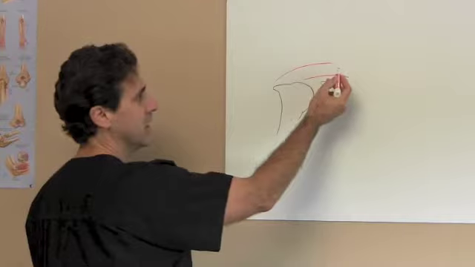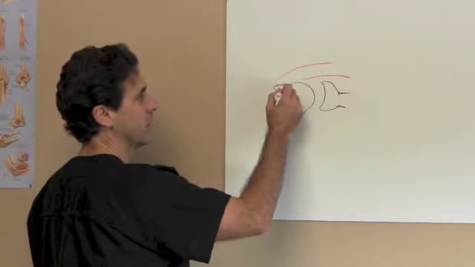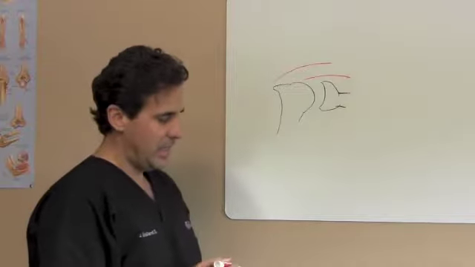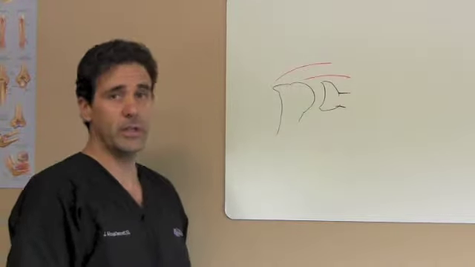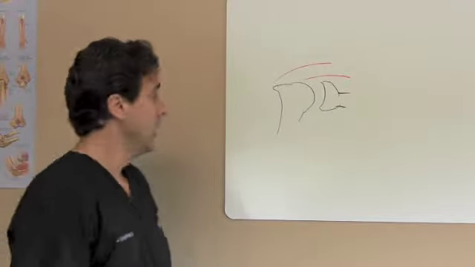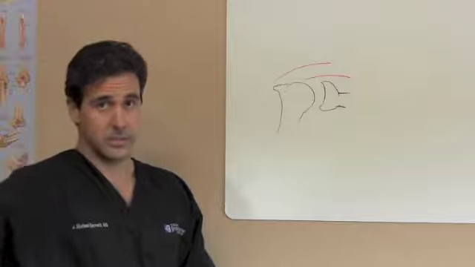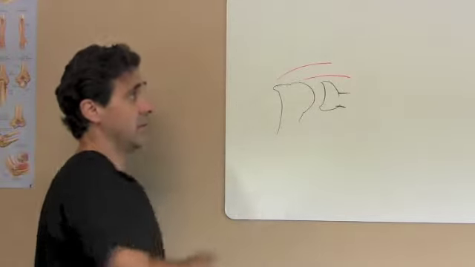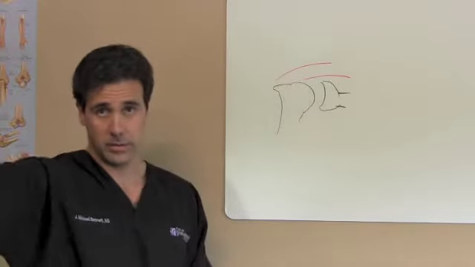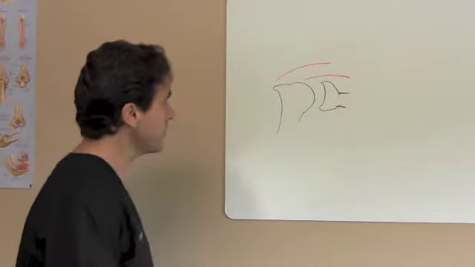And the supraspinatus comes down and inserts on this tuberosity right here. And that actually gives you strength with abduction when you lift your arm up above your head. The deltoid also helps with that, but the supraspinatus also assists with the deltoid and gives you full strength with overhead activities.